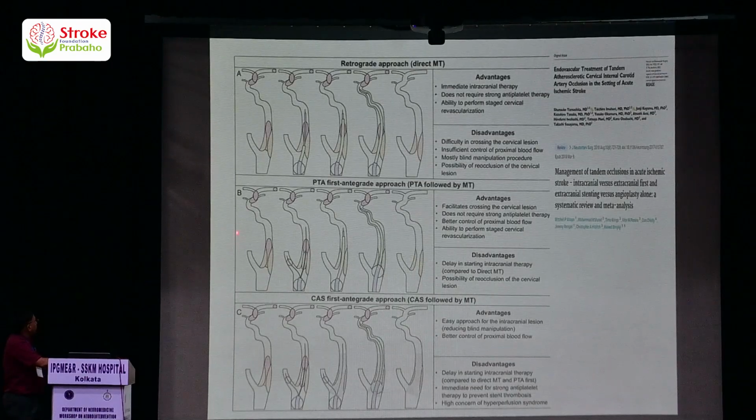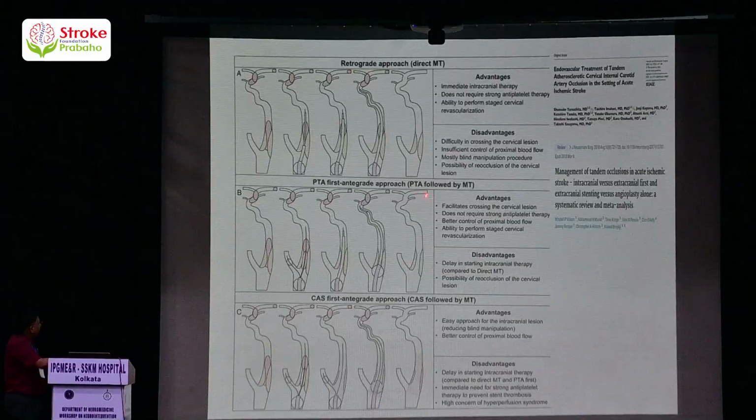There may be a retrograde approach, or an antegrade approach, with carotid stenting first. The retrograde approach is that you first go directly for thrombectomy. First you have to recanalize the middle cerebral artery here, and then you can do the angioplasty or stenting if needed.